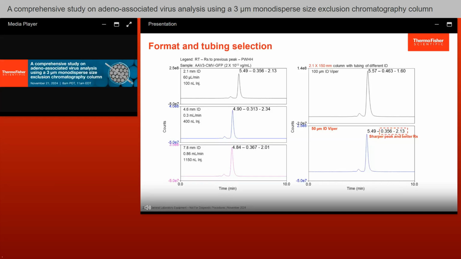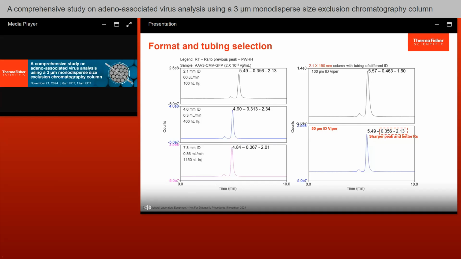Once the parameters are scaled correctly, the relation between these three formats is very similar. It's around 0.03, it's 0.0313. This one is 0.367, and the resolution is all around 2, so they're all baseline separated.